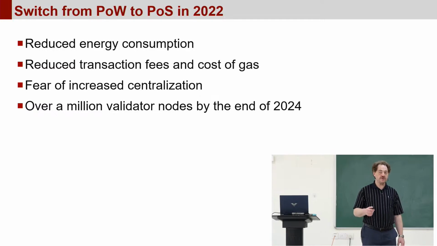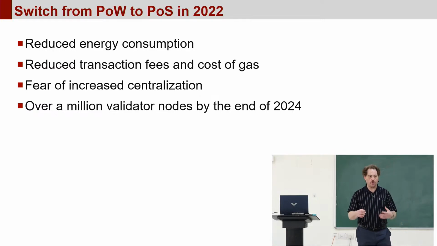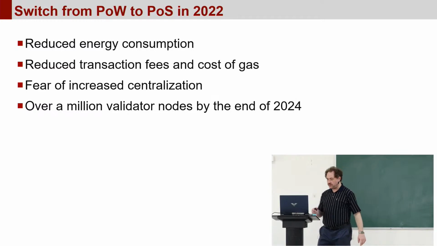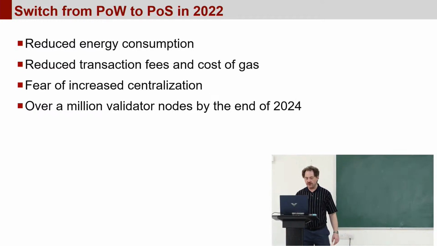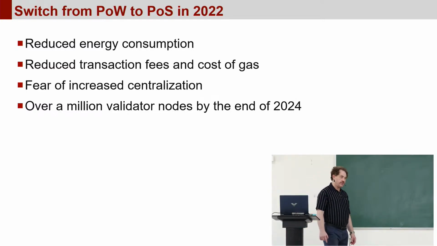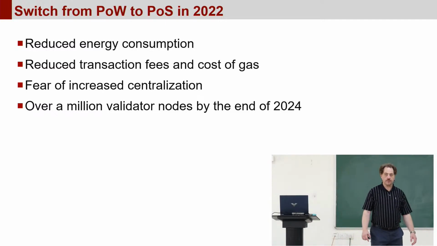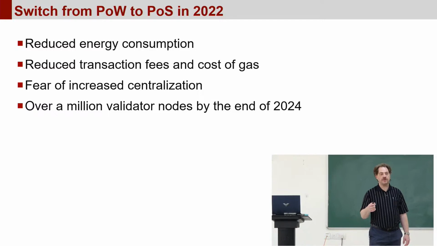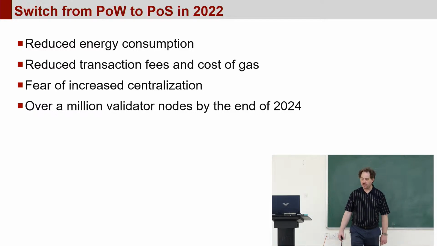And there was a fear that basically only a selected few participants, nodes in Ethereum, could become validators. And that would result in centralization. So far, as you can see, there are over 1 million validator nodes. So that's good, in the sense that the centralization fears did not come to be supported in reality.